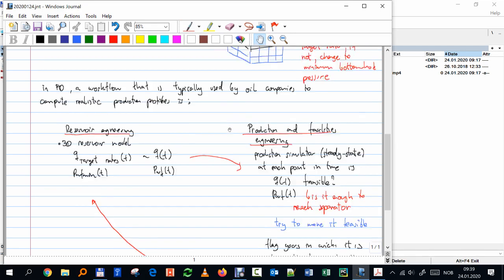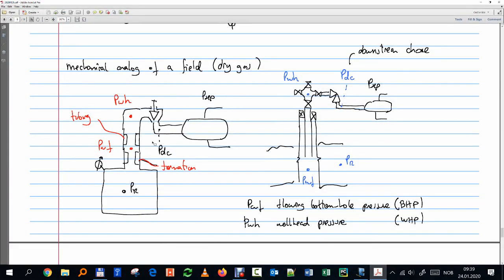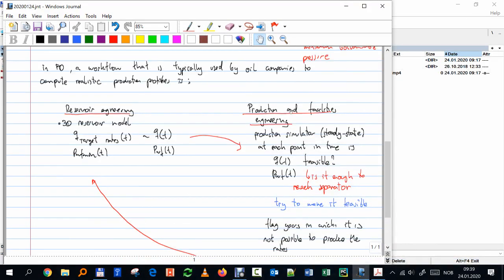If we look again at our analog, the production profile is the result of this part, which is very important. It has a significant effect to model that part and understand its effect on my production profile, but also this part. We should never neglect the importance of this part. And of course, if you are at a very early phase of field development, probably this part, the reservoir model, is a very crude and primitive model, but I have something, right?